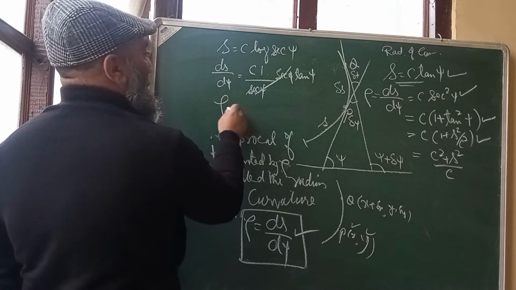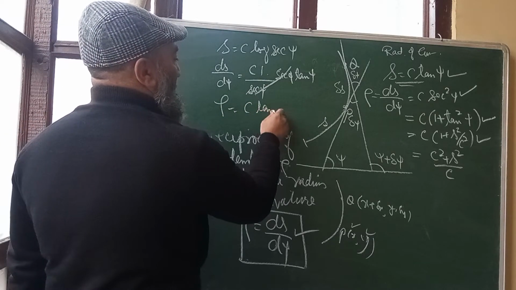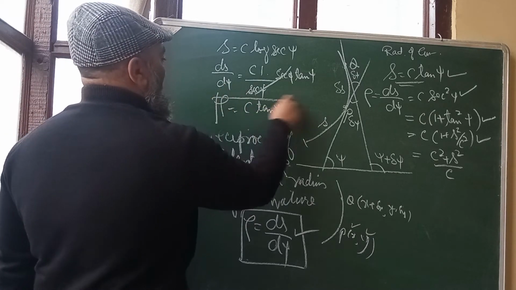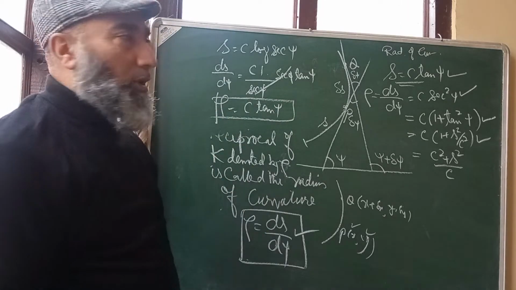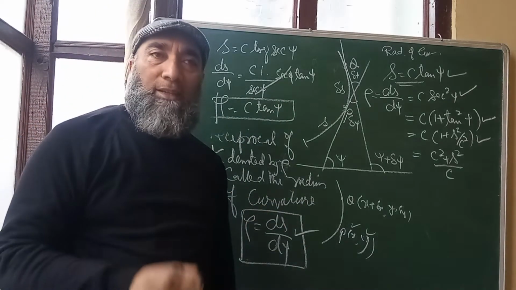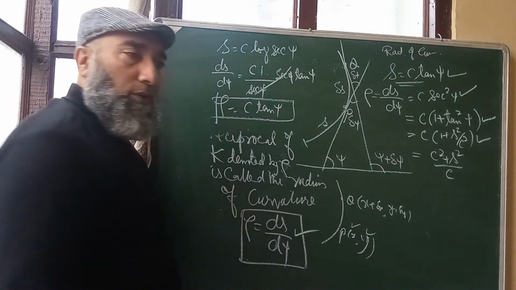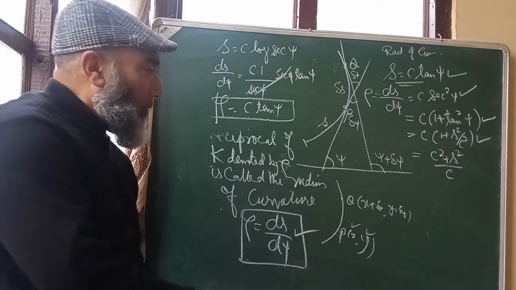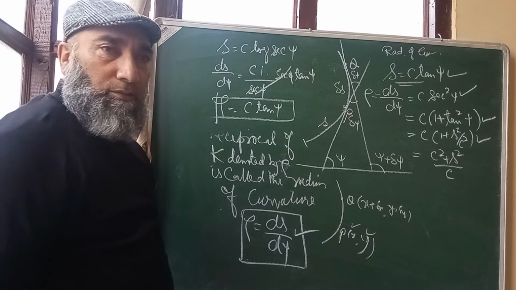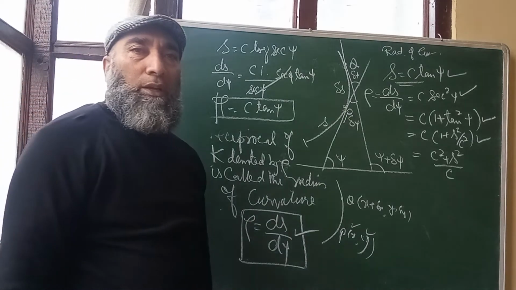So rho is c tan psi. This is okay. So this is quite easy. If you have a relation between s and psi, obviously you have to differentiate once, you will get the radius of curvature.